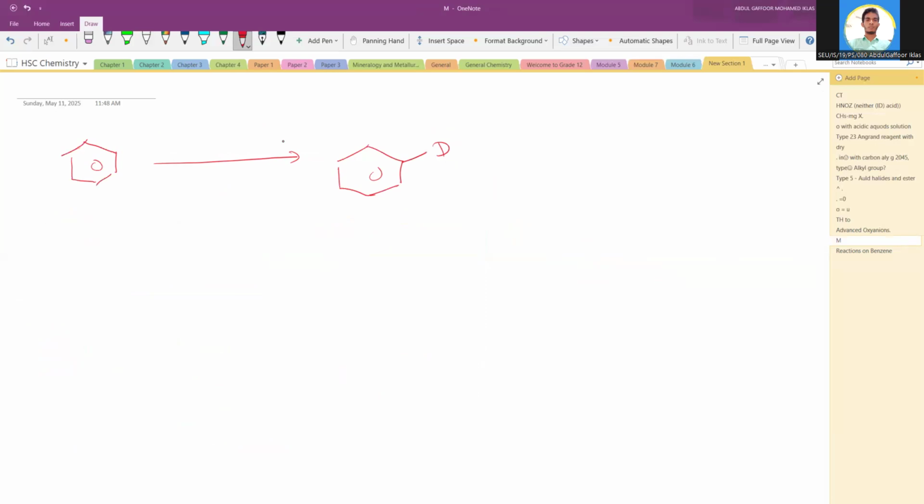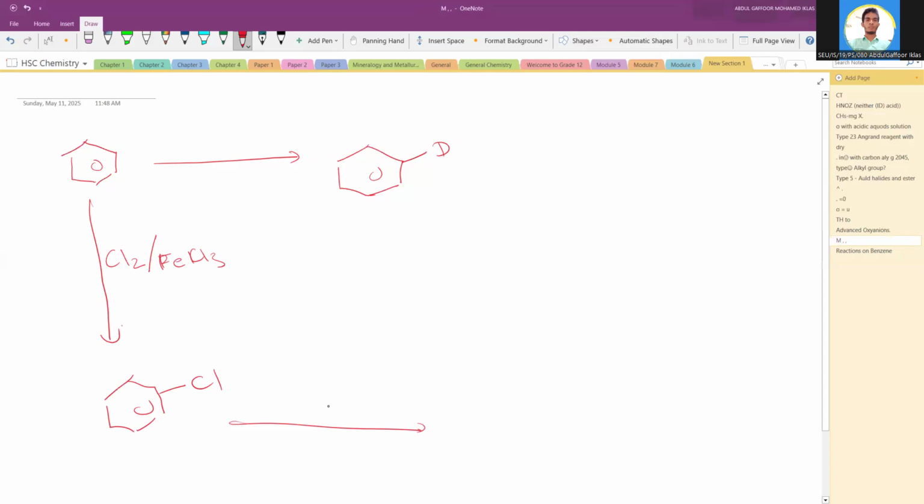Anyways, we have to form the Grignard reagent, MgCl, right? So if you want to form it, definitely you have to add chlorine to the benzene ring. So for that, we will add Cl2 and FeCl3, and chlorine will come here.